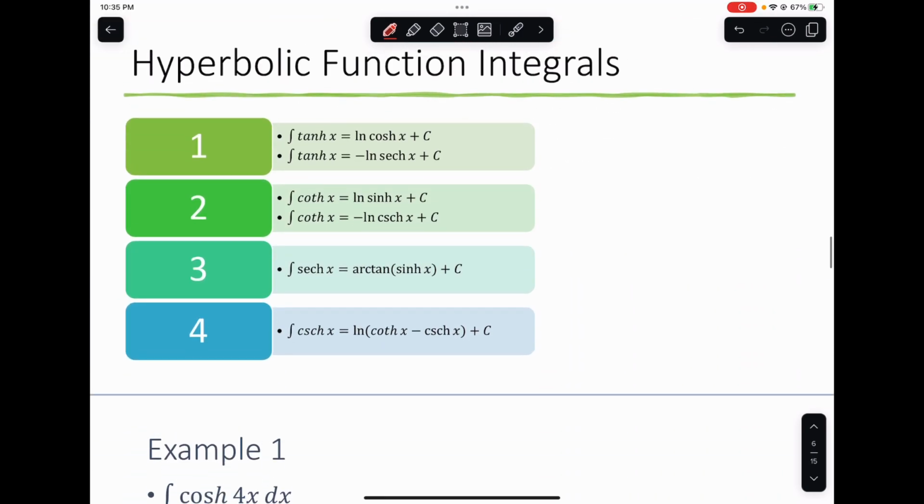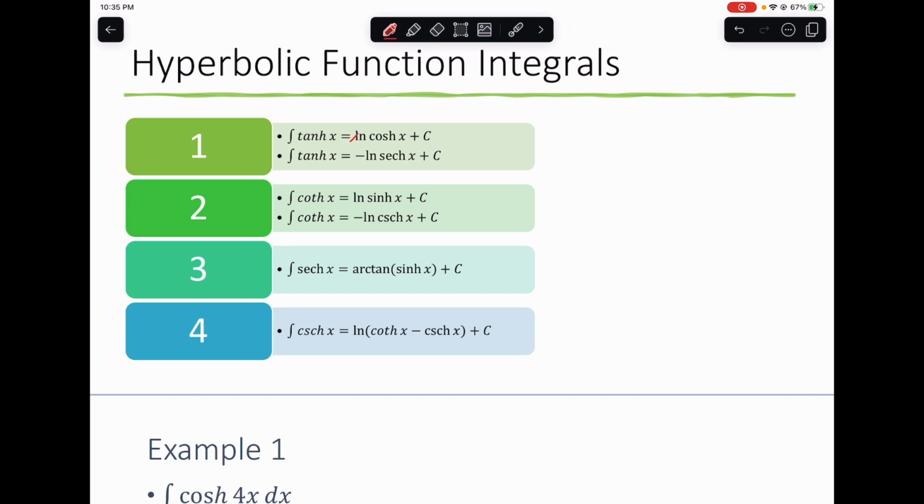The other 4 would be the direct integrals of tangent, cotangent, secant, and cosecant. For tangent, this time it is positive ln of hyperbolic cosine x. Since the derivative of hyperbolic cosine is positive hyperbolic sine, that makes it positive.